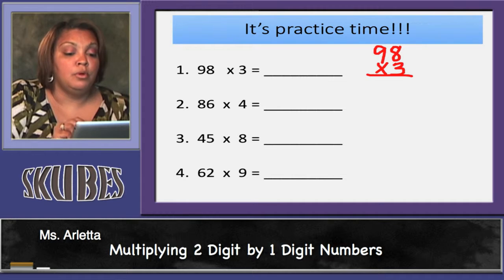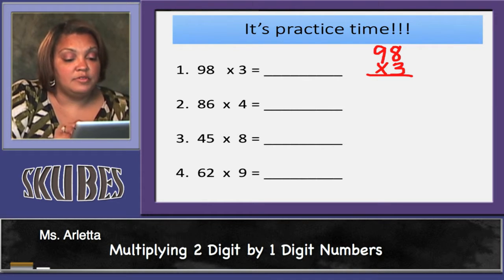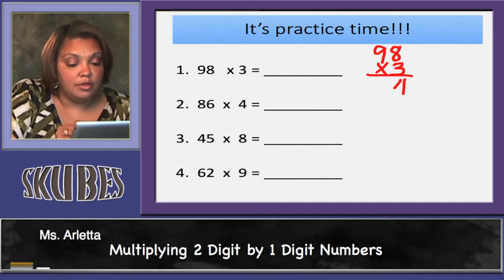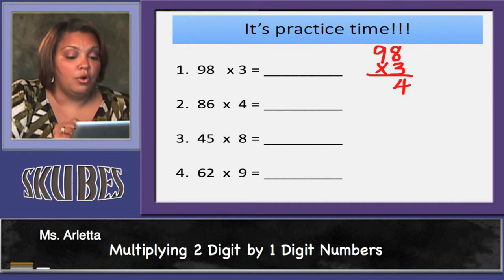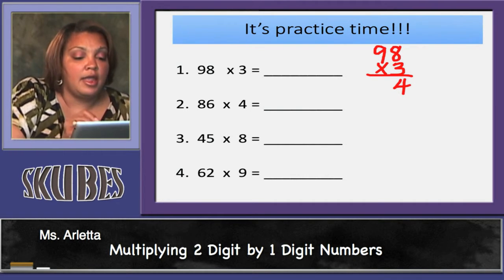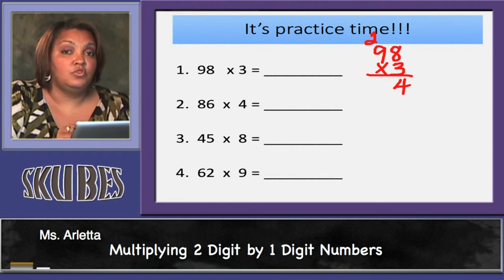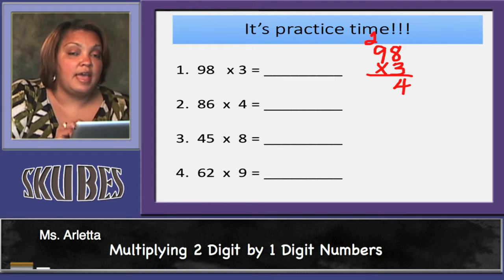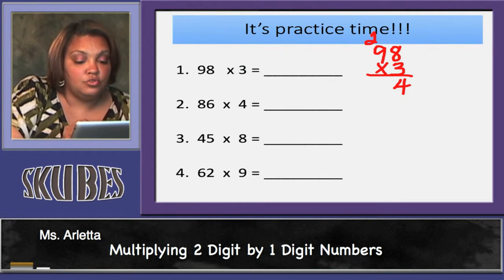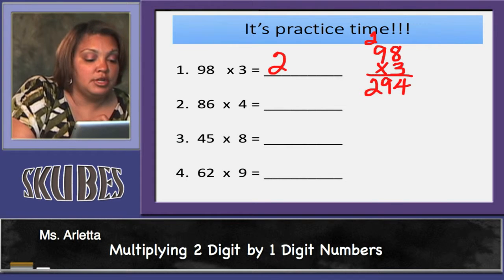The multiplier will be multiplied by the ones digit of the multiplicand first and then by the tens digit. 3 times 8 is 24. Instead of writing the whole number 24, you will write 4 and carry your 2. 3 times 9 is 27, and then you have to add that 2. 27 and 2 is 29. So your answer is 294.